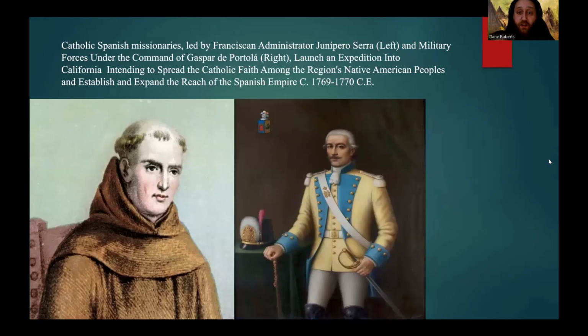Then, eventually, full scale colonization would happen when Catholic Spanish missionaries, led by Franciscan administrator Junipero Serra, and military forces under the command of Gaspar de Portola, would launch an expedition into California, intending to spread the Catholic faith among the region's Native American peoples and expand the reach of the Spanish Empire, with this expedition happening between 1769 and 1770 CE.